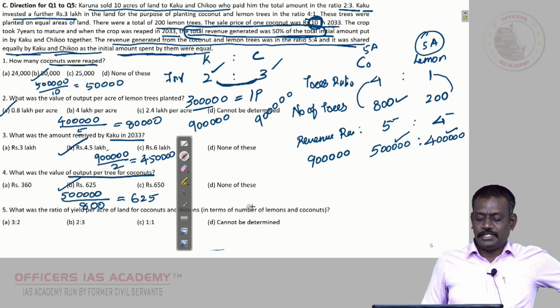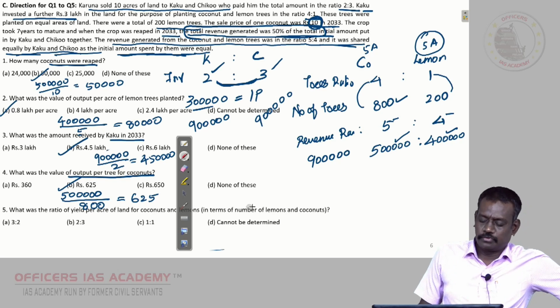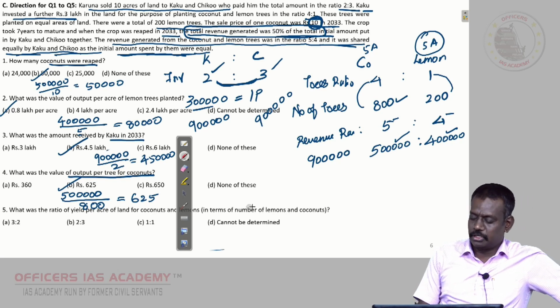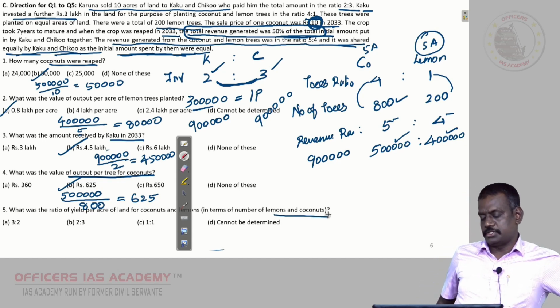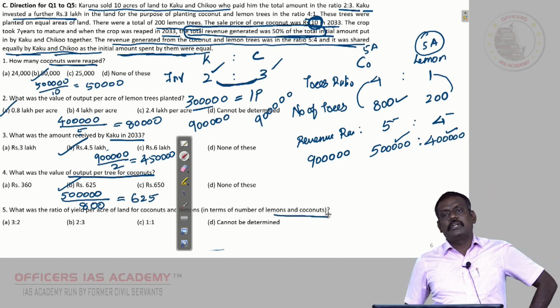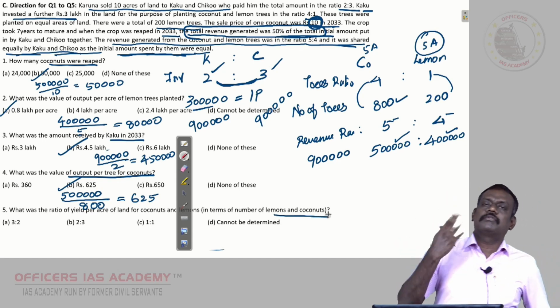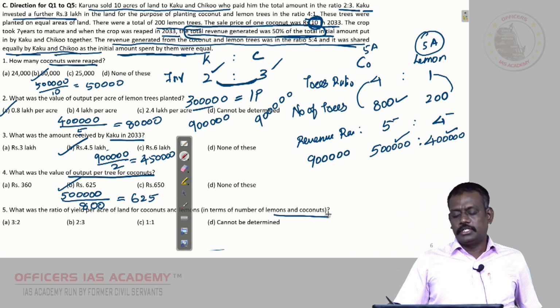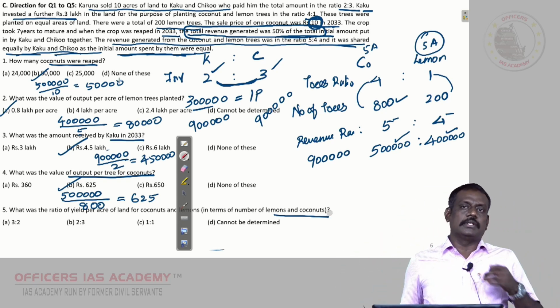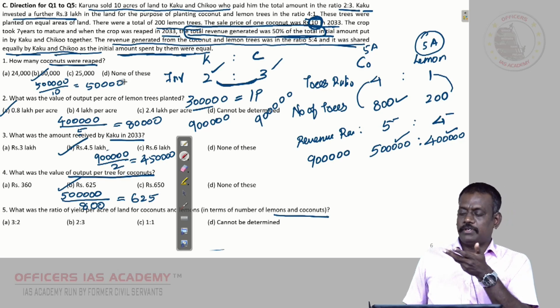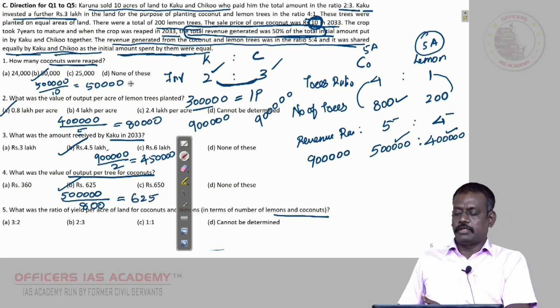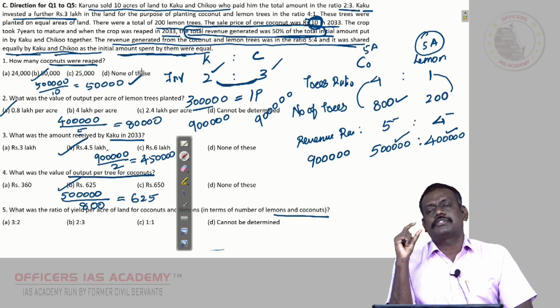And next, what was the ratio of yield per acre of land for coconut and lemons? You are asked to find the ratio in terms of the number of coconuts and lemons. You know that the number of coconuts reaped was 50,000. But do you know the number of lemons? Definitely not, because we don't know the cost of one lemon.